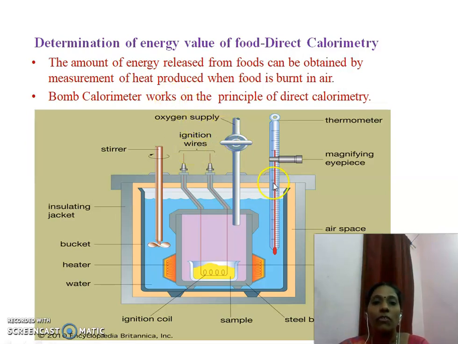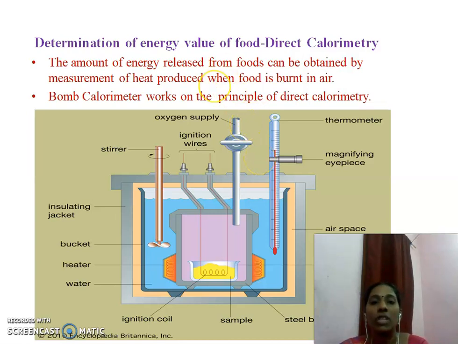Now if you note the differential thermometer, you can see the increase in the temperature of the water. This increase is nothing but the food releasing some heat, and that heat is absorbed by the water which is present in the bucket. The difference in the temperature of the water can be noted down as final temperature minus initial temperature.